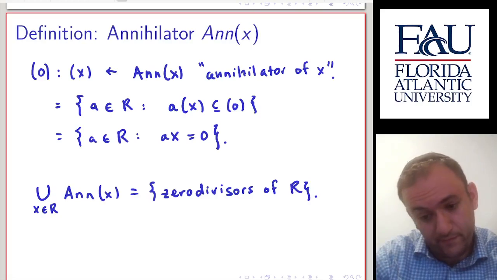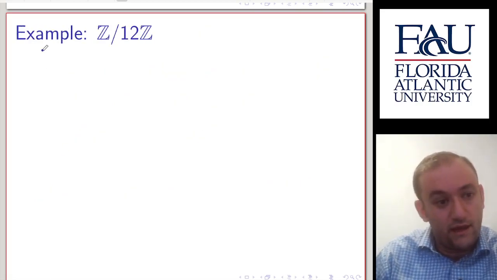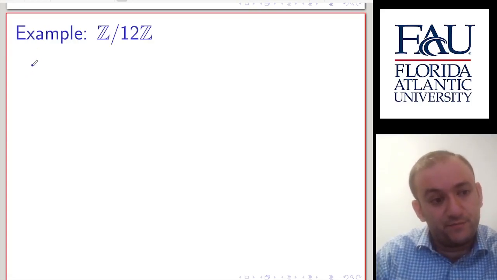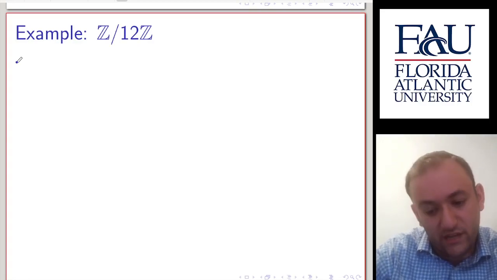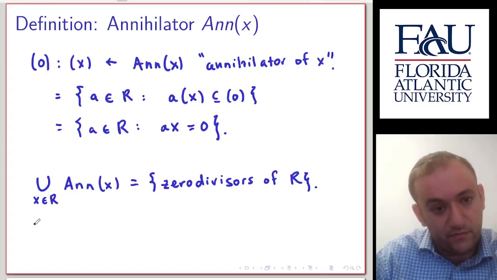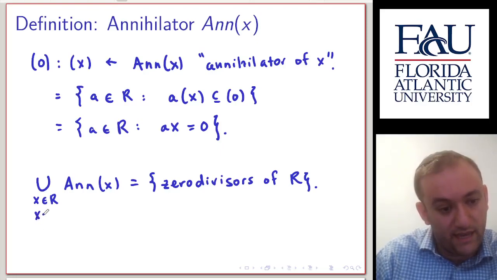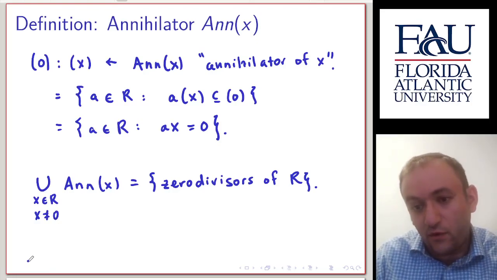Okay, let's look at an example. We'll take the ring Z mod 12Z. Okay, and we'll go element by element. Oh, I should actually, there's a key point here. We're going to take x to be not equal to 0. Okay, if you take the annihilator of 0, you're just going to get the whole ring.